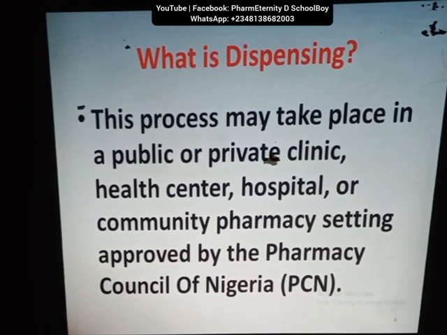These premises may be a clinic, private or public. It may also be a health center, as in the case of a public primary health center. It can also be a hospital or even a community pharmacy setting. But the most important thing is that these places should be duly approved by the Pharmacy Council of Nigeria, PCN.